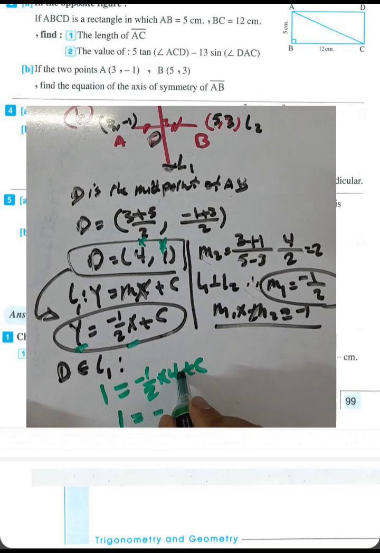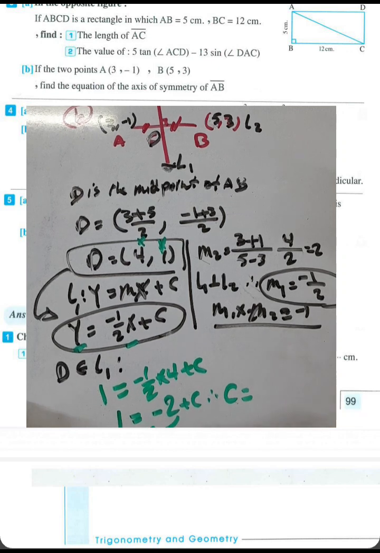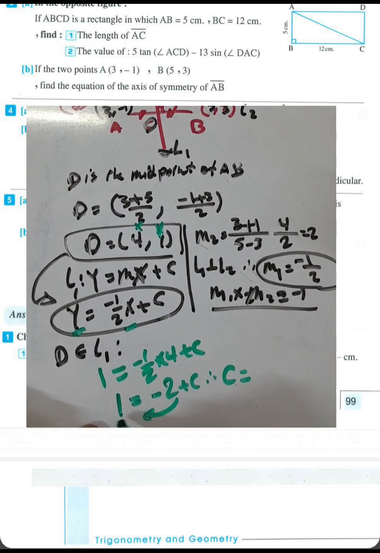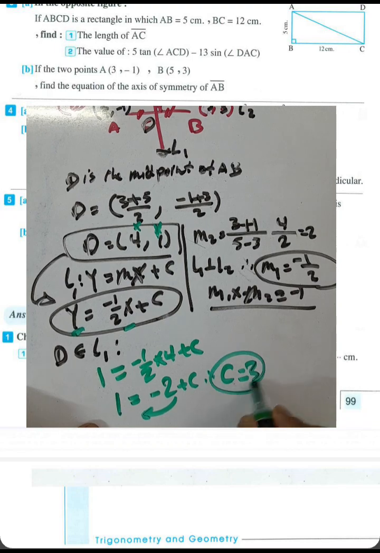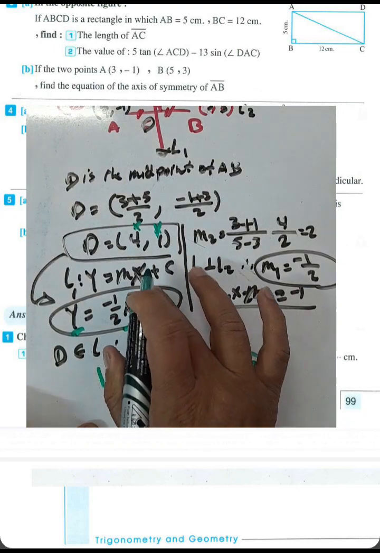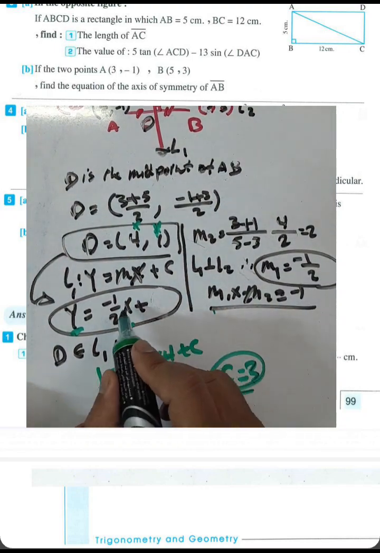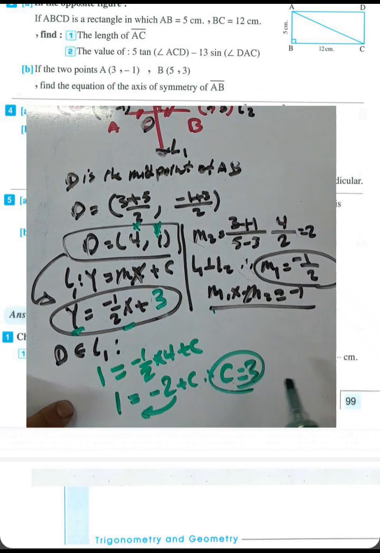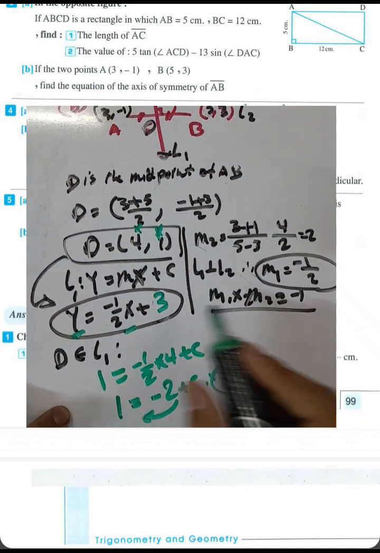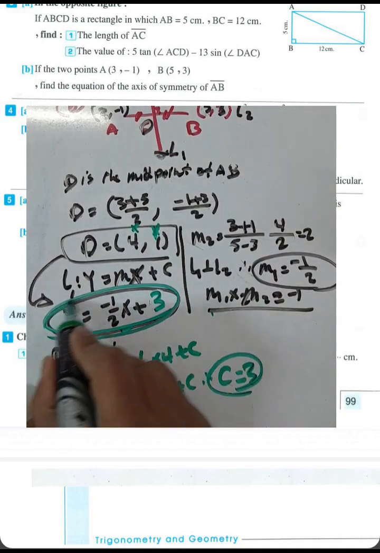Negative half times 4 is negative 2, so 1 equals negative 2 plus constant. Then the constant: move negative 2 to the left-hand side, 1 plus 2 is 3. That's the constant. Then we can write the equation y equals negative half x plus 3. The equation of the straight line is y equals negative half x plus 3.